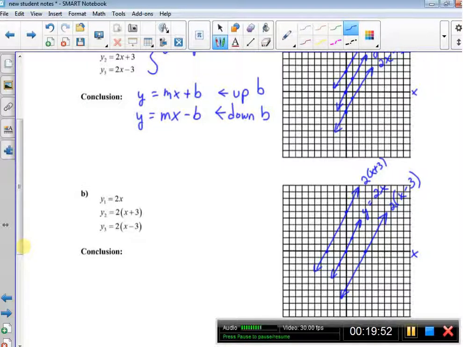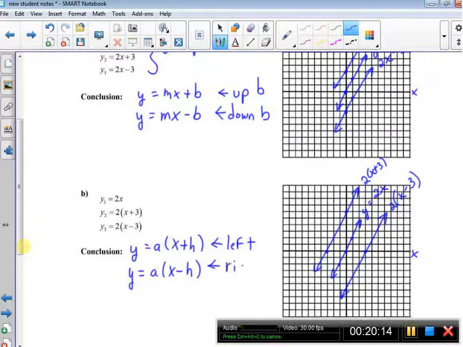So the conclusion is if you have y equals a times x plus h, that moves to the left, just like 2 times x plus 3 did. And if you have y equals a times x minus h, that moves to the right. So left h and right h.